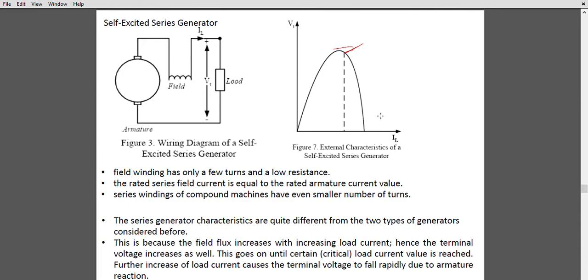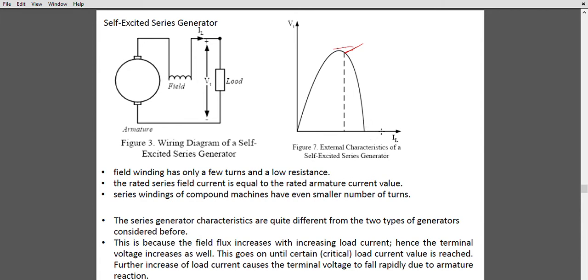Whenever the machine achieves the critical voltage, there will be a certain drop in the voltage, and the voltage drop will continue until it becomes zero.